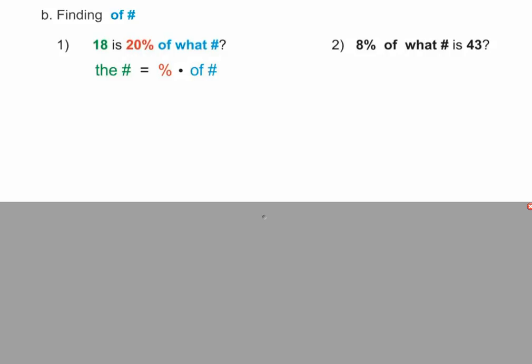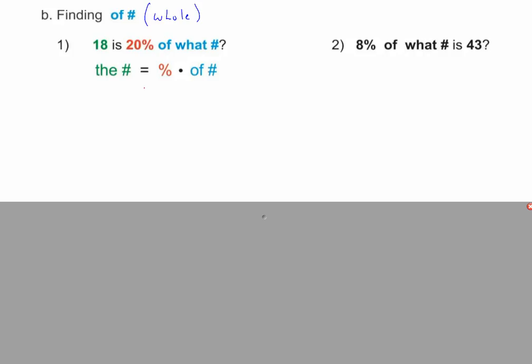Okay, so that's finding the number. Now we got to find the of number, which if you use the second formula is the part that is the whole. And the questions will be something like question number 1. 18 is 20% of what number? Well, again, we're going to use the formula, the number equals percent times the of number. I color-coded this one.